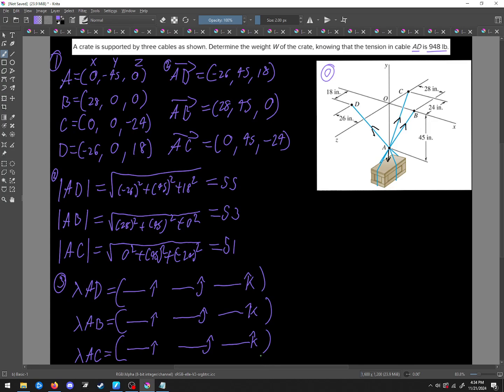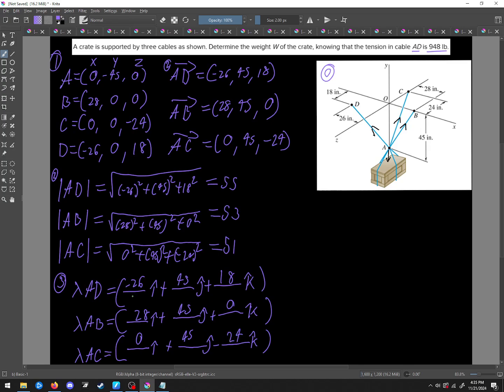So this is going to be a negative 26, 45 and an 18. This is going to be a 28 plus a 45 plus 0. And this is going to be 0 plus a 45 minus 24.